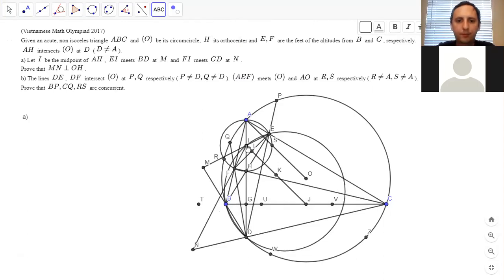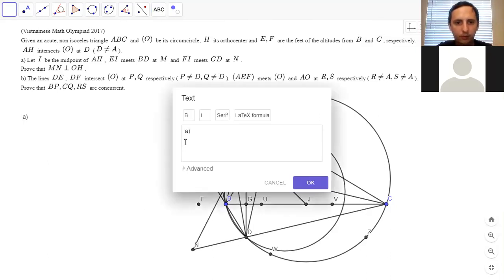I'm just thinking about the fastest way to show that. So angle IEH is equal to angle IHE, and then we could show that that's equal to angle BHD, which is BDH.